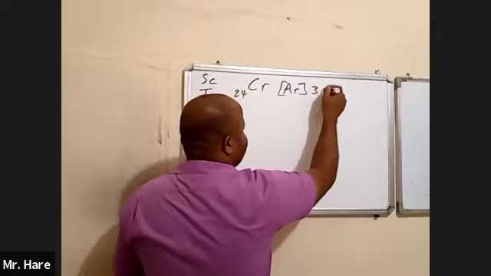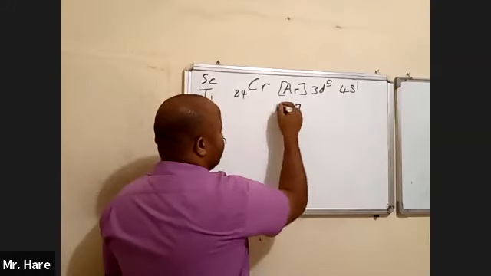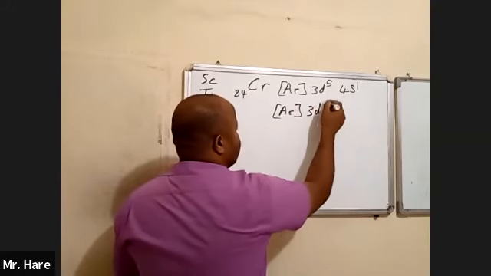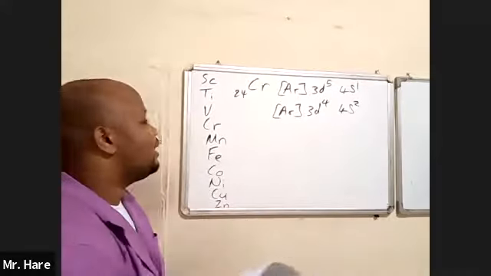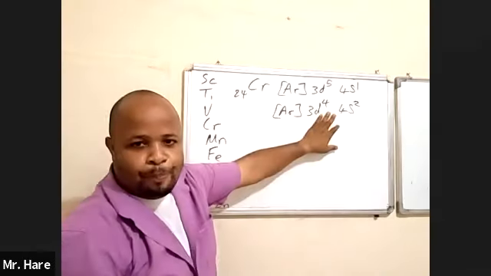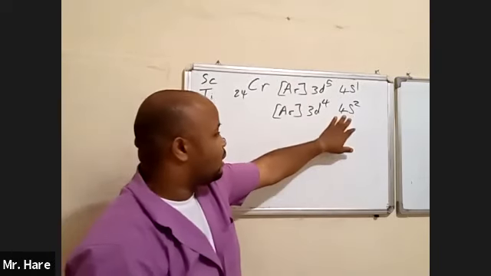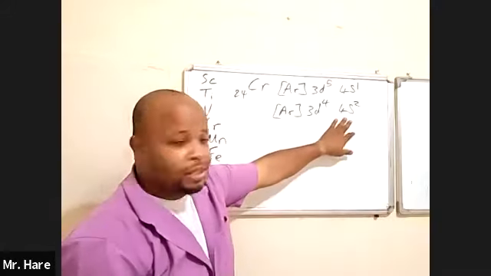Argon 3d5 4s1. All right, so your 3d5 4s1, and the other one, argon, what? It would be 3d4 4s2. All right, so for the second one, that is what would have been expected, because we normally fill the 4s because it's lower in energy, then we go to the 3d.